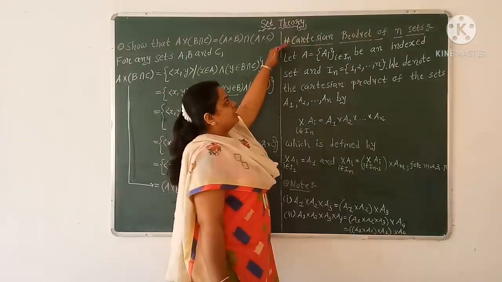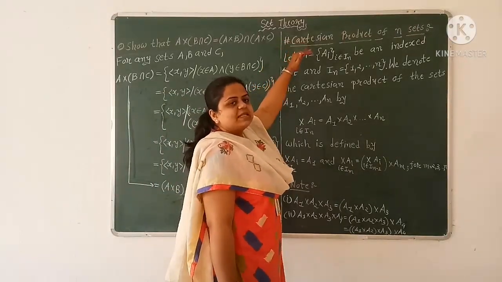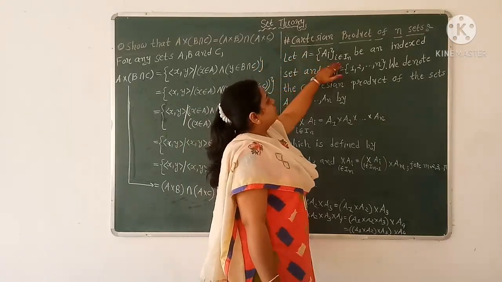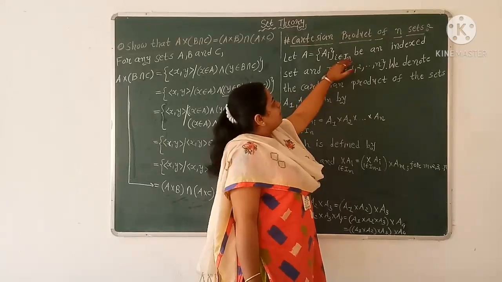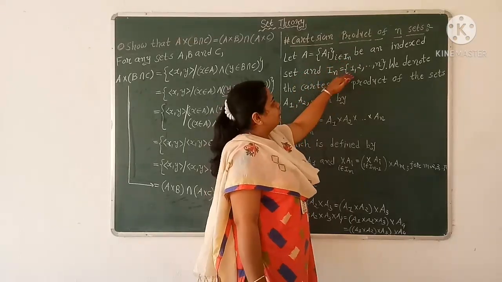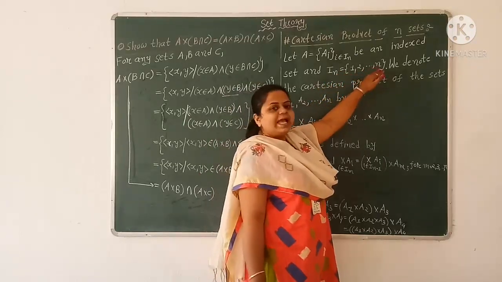Now, next definition, Cartesian product of n sets. Let A equal the set {Ai}, where i belongs to In, be an indexed family of sets, and In is equal to the set {1, 2, up to n}.